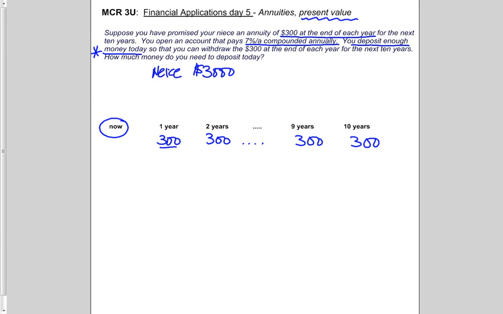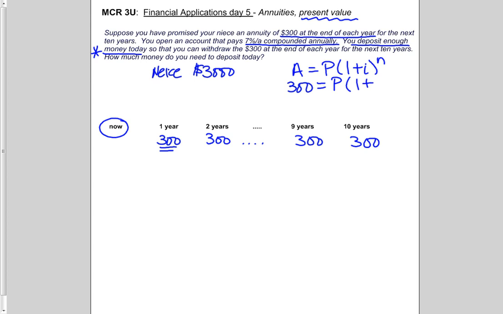So I am just looking at this one right now, kind of off to the side. I'm going to use a compound interest formula. I want to have $300 in a year. How much do I put in right now? I'm going to end up doing a division.